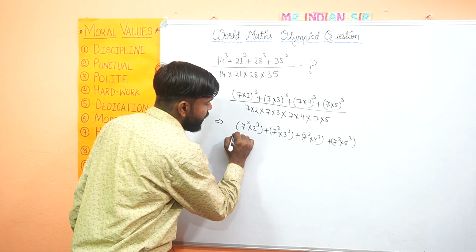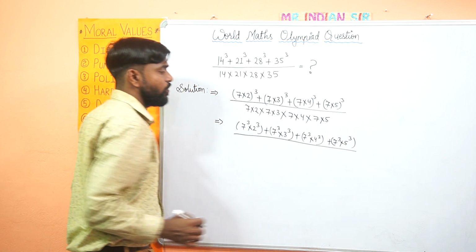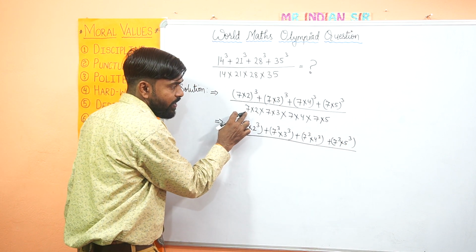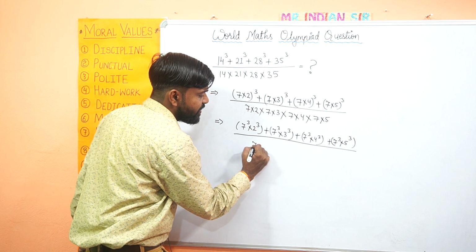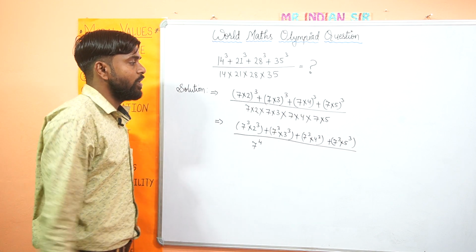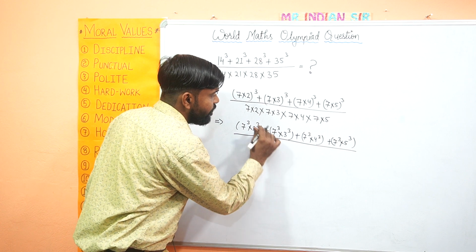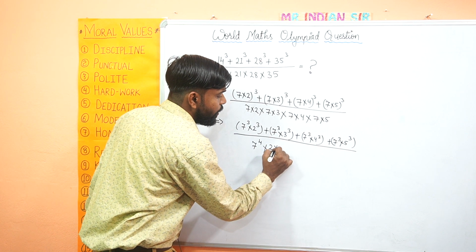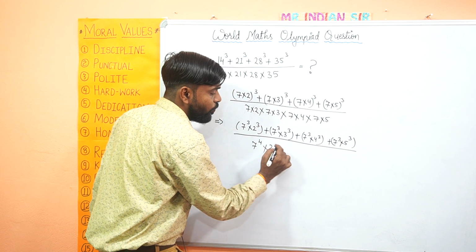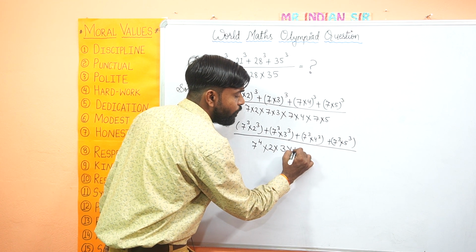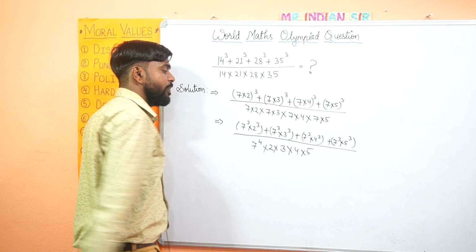It is in the numerator, and in the denominator what are we going to get? This is 7, 1 times, 2 times, 3 times and 4 times, so we will write 7 to the power 4. I hope you understand this much level of mathematics. So 2 into 3 is remaining, 4 and 5 is remaining. So 7 to the power 4 into 2 into 3 into 4 into 5.